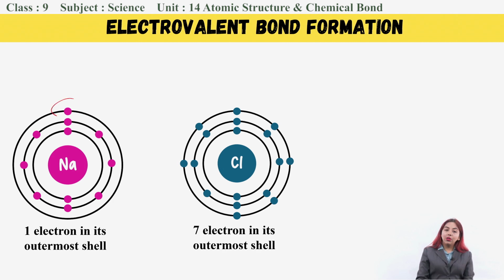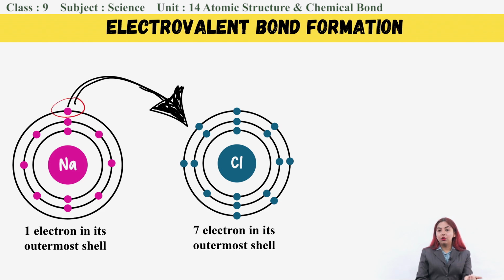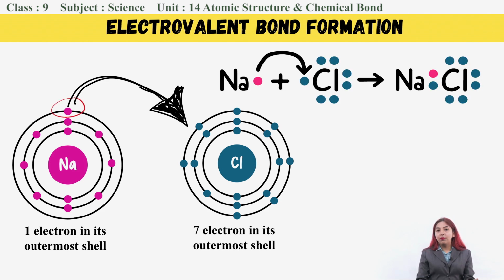So sodium donates its outermost electron to chlorine to form a sodium chloride molecule. The bond that they share is formed by transfer of electron from sodium to chlorine. That's why they form an electrovalent bond.